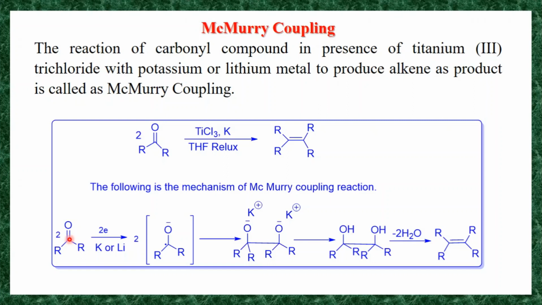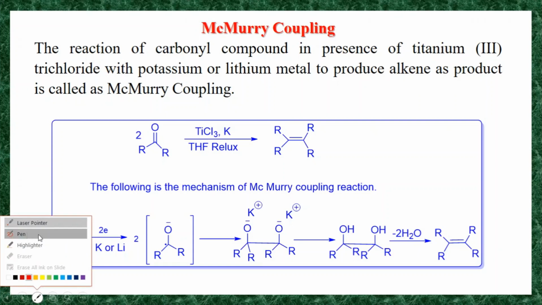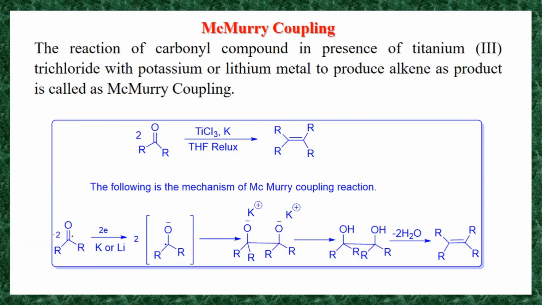It attacks the carbonyl compound, so this bond will break. Let me show you that. Consider this electron attack on this. The carbon-oxygen bond will break, negative charge on oxygen, and you will get this radical anion.